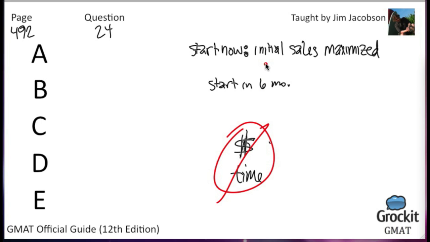So, if you think about that for a moment, a corporation, just in the simplest terms, they are probably going to lose something else by maximizing their initial sales. Is it customers? Is it money? Is it market share? Who knows? But we need to look for something like that, something valuable that the Plexus Corporation would lose despite having its initial sales maximized. Why would they wait 6 months?